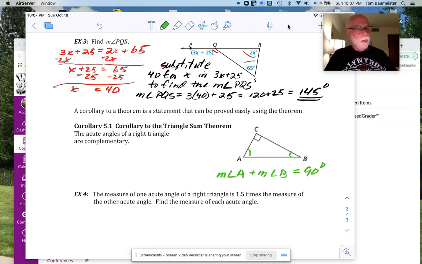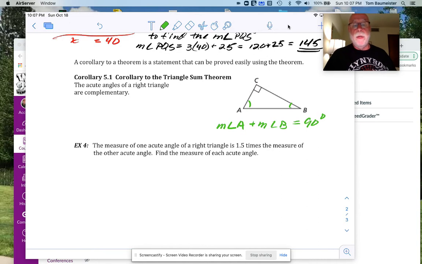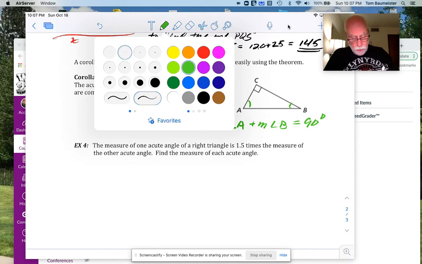All right, so now why am I telling you that? Well, I did have a proof on there, but I've gotten rid of it. But we do need it for word problems like the following. The measure of one acute angle of a right triangle is 1.5 times the measure of the other acute angle. Find the measure of each acute angle. All right.